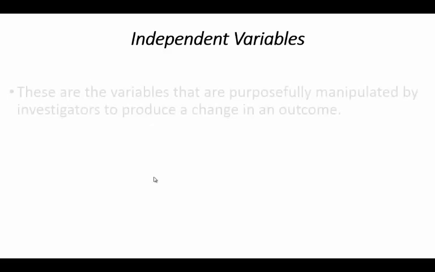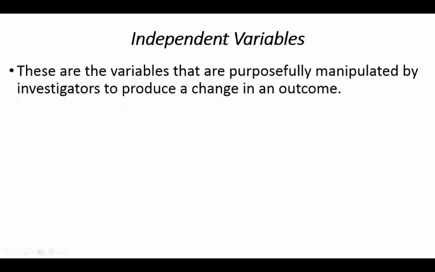Another important thing about variables that we need to differentiate between what is called independent variables and dependent variables. This is very important because when you collect data about variables and when you see that researchers collected data about variables, it's very important to know which one is independent and which ones are dependent, because that will determine how the researcher is going to analyze the data collected.